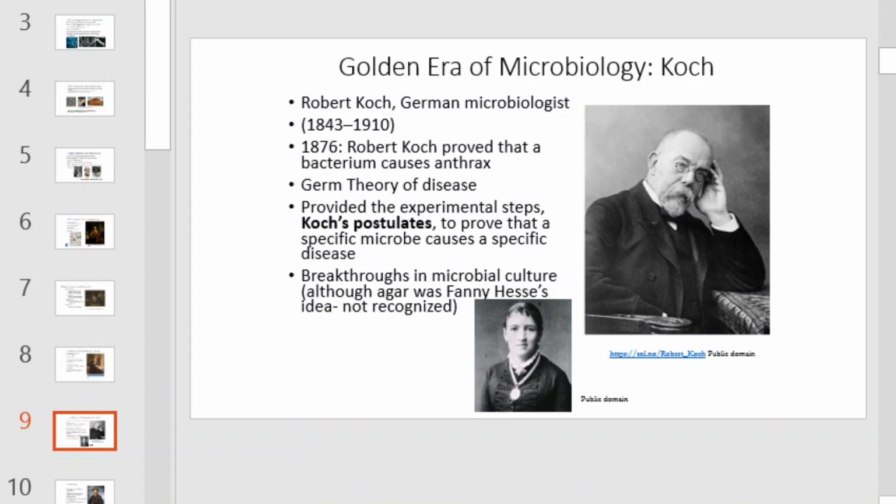Robert Koch is responsible for the germ theory of disease and provided the experimental steps we now refer to as Koch's postulates to prove that a specific microbe causes a specific disease. Breakthroughs in microbial culture, although agar was Fanny Hess's idea and not recognized, are also attributed to Robert Koch.